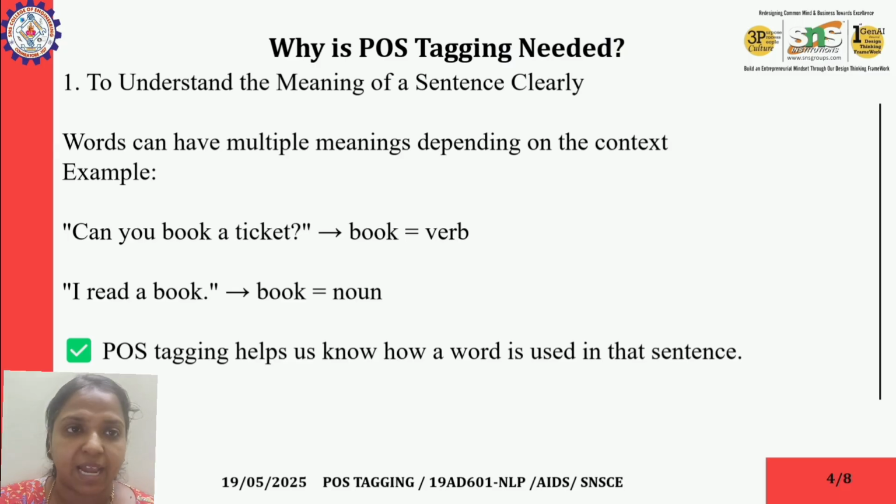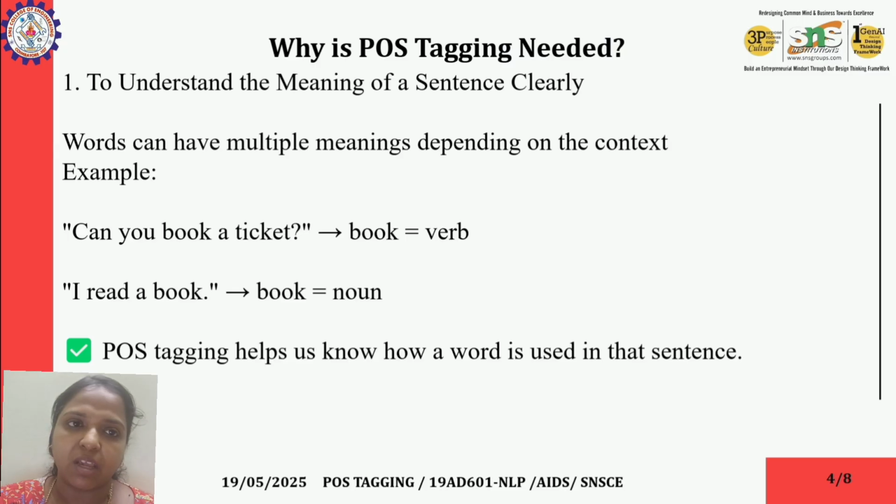Depending on that, the meaning of the word differs, and then the understanding of the sentence is also totally different. This is why we need POS tagging, to understand the meaning of the sentence very clearly.